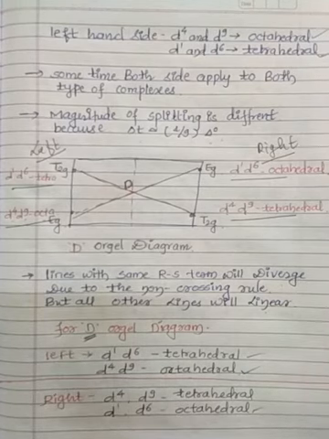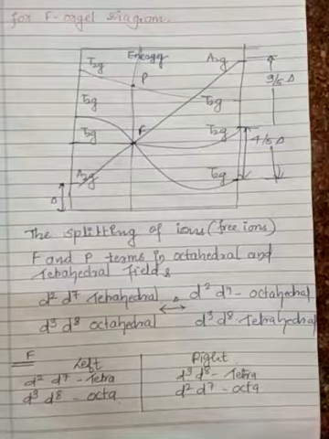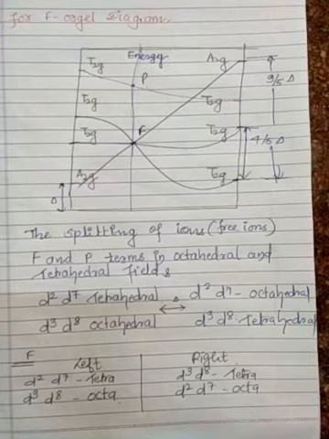Now we are going to deal with the F Orgel diagram, which is also present here. Just to put one glance on the F Orgel diagram. In an Orgel diagram, lines with the same Russell-Saunders terms will diverge due to the non-crossing rule, but all other lines will be linear. Next, for the left side of the D diagram, D1, D6 tetrahedral and D4, D9 octahedral complexes, we already know that.